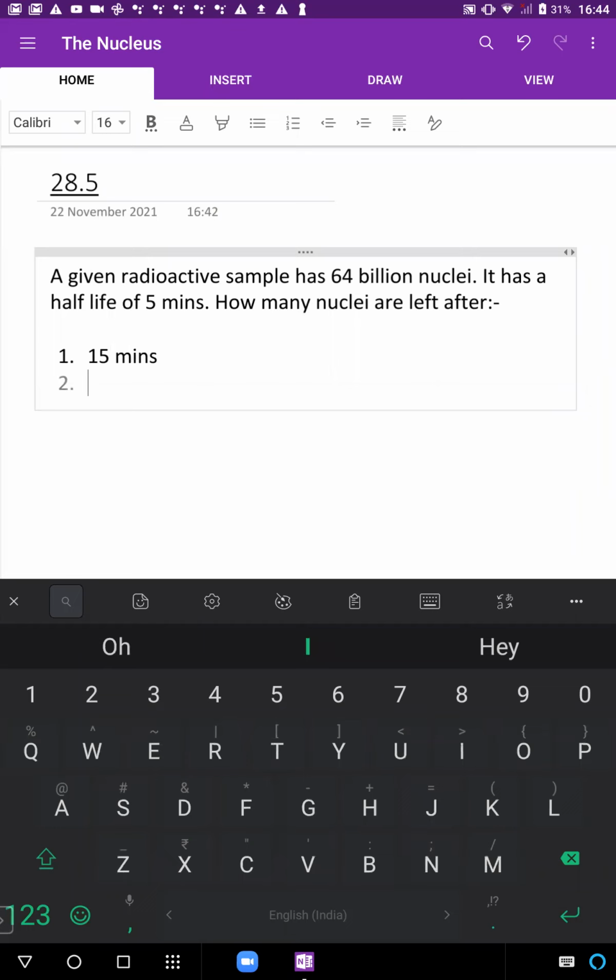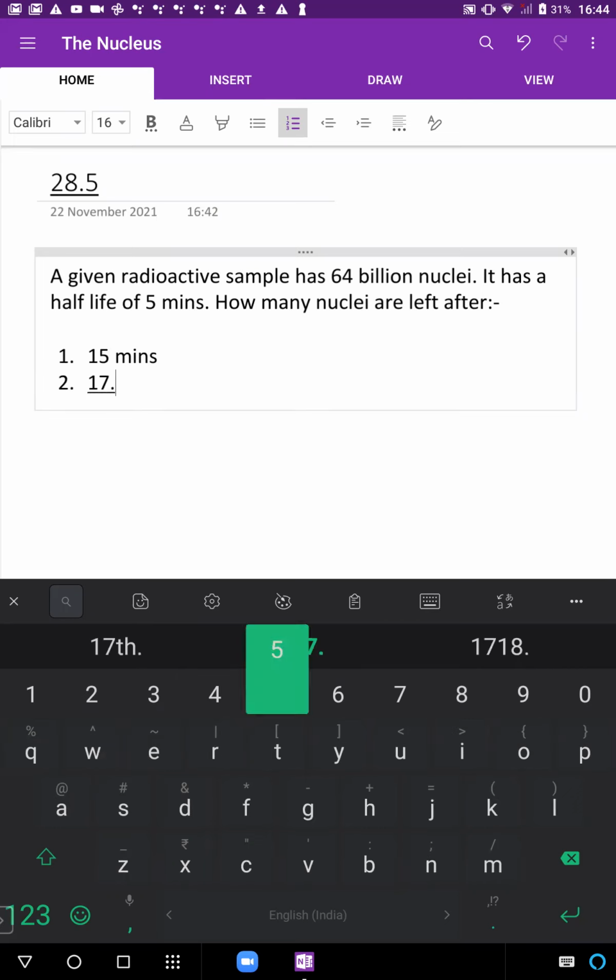And how many nuclei are left after 17.5 minutes?